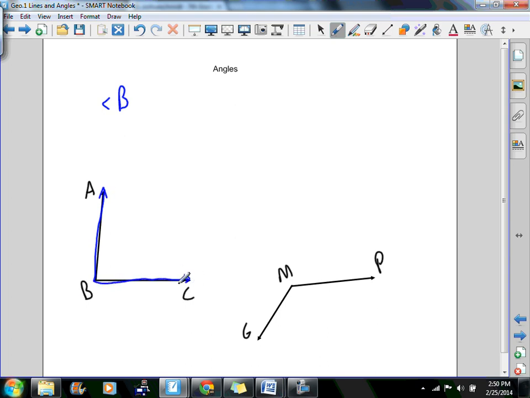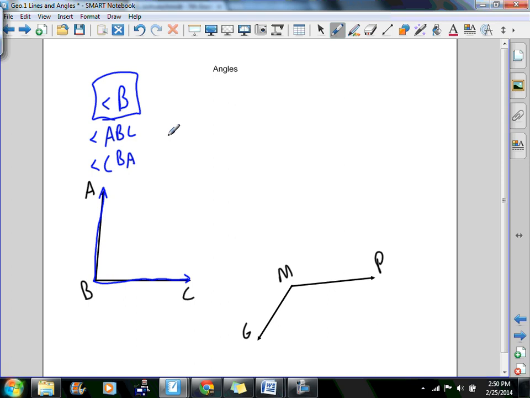Therefore, we need all 3 letters to be involved. Therefore, this would be angle ABC, or angle CBA. The only thing that matters is this angle here has to be the middle angle.